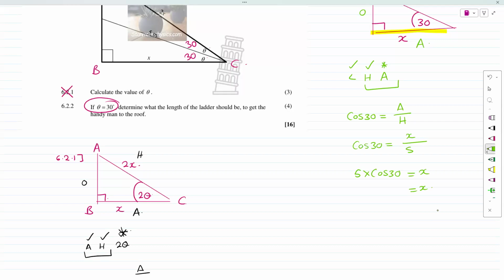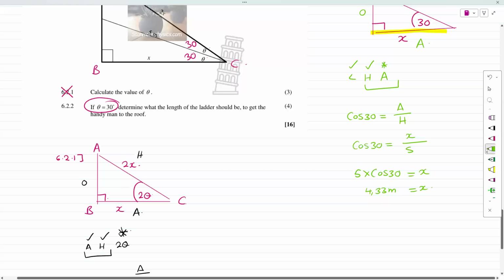And this would be 4.33. So x would be 4.33 meters. Now, guys, at the start of the question, they told us that 2x, the ladder needed, is double the distance from the floor to the wall. So it is quite simple to deal with.